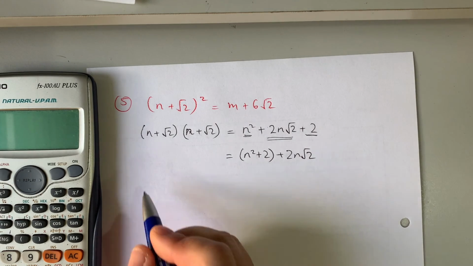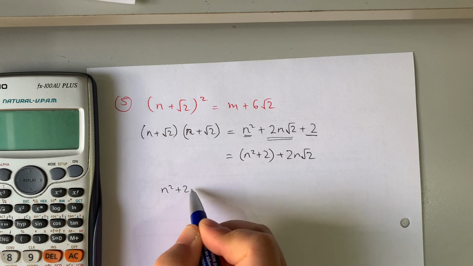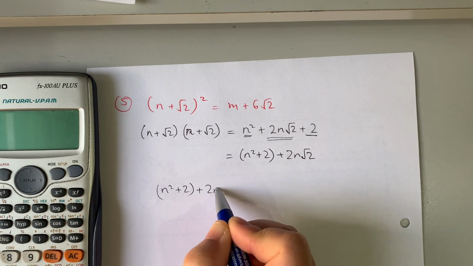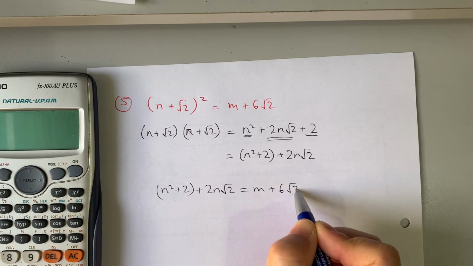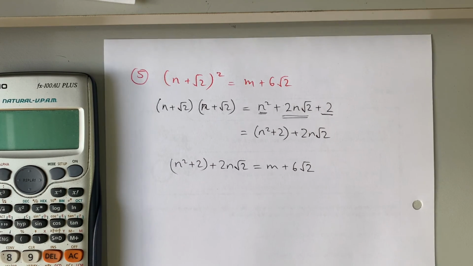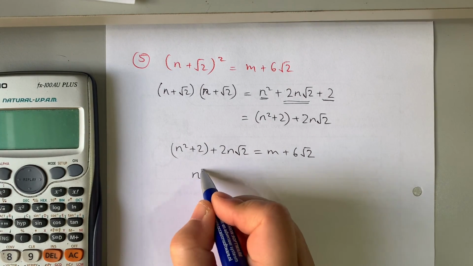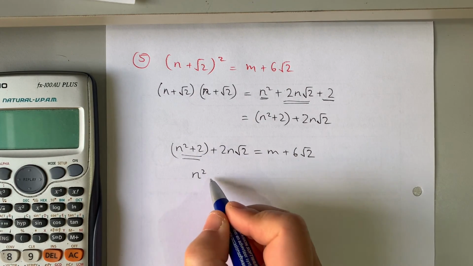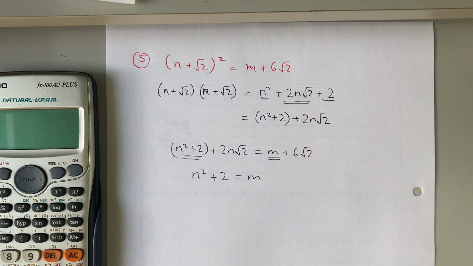Right, so let's put them together. So we've got n squared plus 2 plus 2n root 2 is equal to m plus 6 root 2. Alright, so n squared, the whole number bit, so n squared plus 2 is equal to m, the whole number bit on this side.